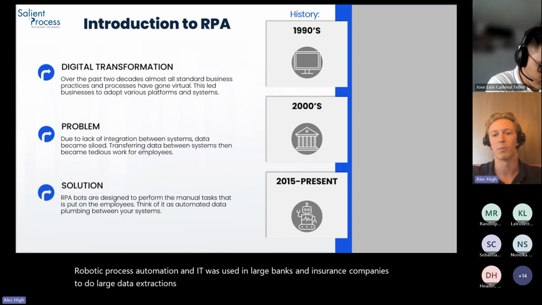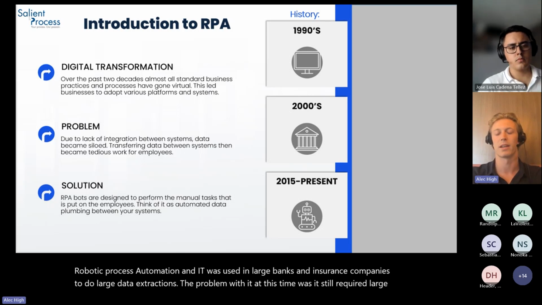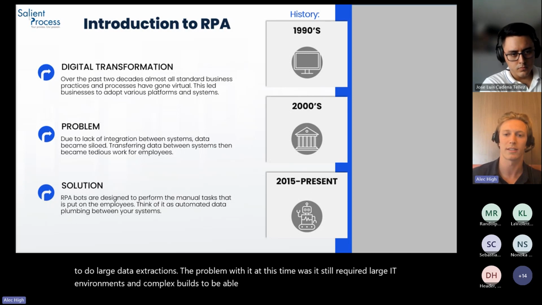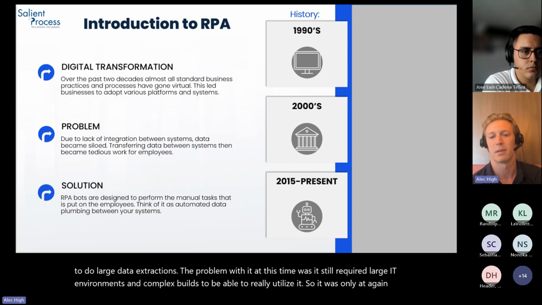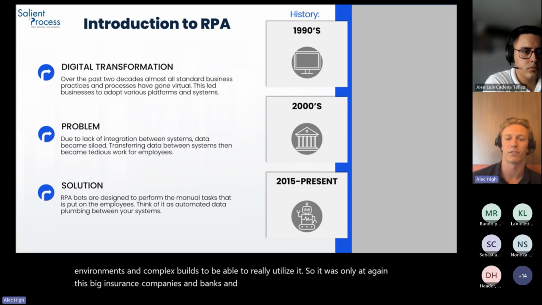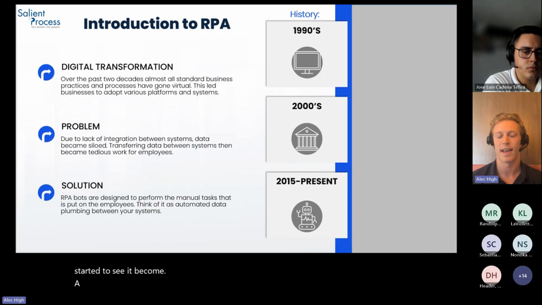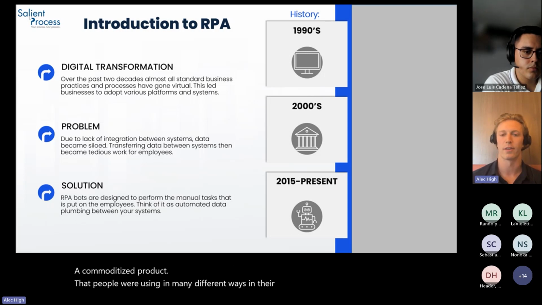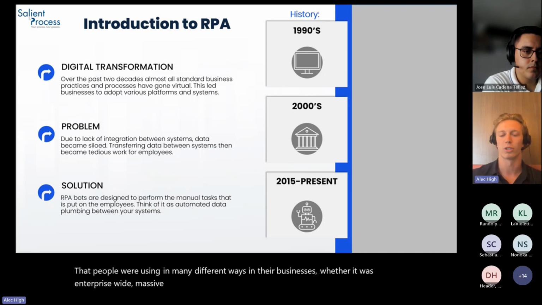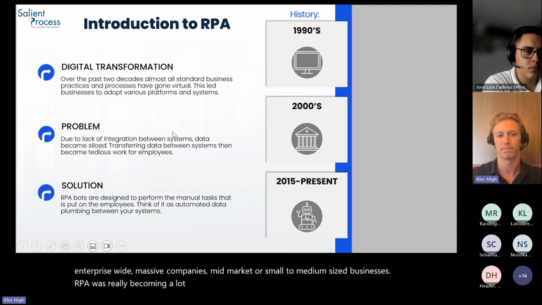The problem with it at this time was it still required large IT environments and complex builds to be able to really utilize it. So it was only at, again, those big insurance companies and banks. And then around 2015 is when we really started to see it become a commoditized product that people were using in many different ways in their businesses, whether it was enterprise-wide, massive companies, mid-market, or small to medium-sized businesses. RPA was really becoming a lot more relevant.